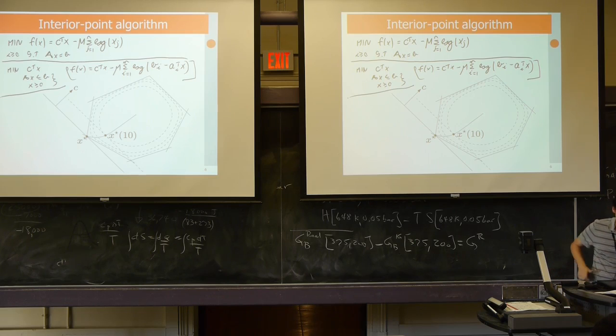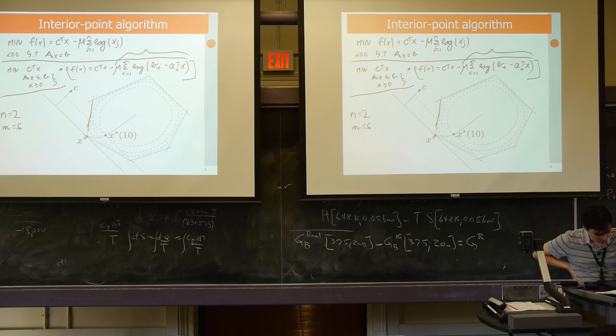Right, so in this case, if you use this form, then this is what would happen. Say we have 2 variables and 6 constraints. You can see these 6 constraints as the sides of this polytope. Let me denote this function with phi.